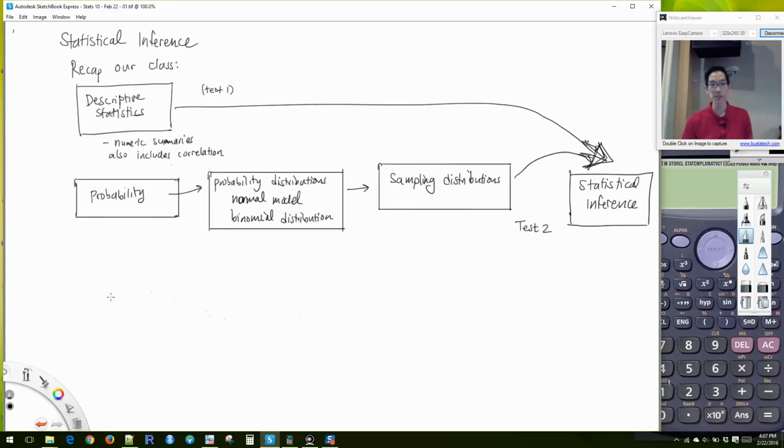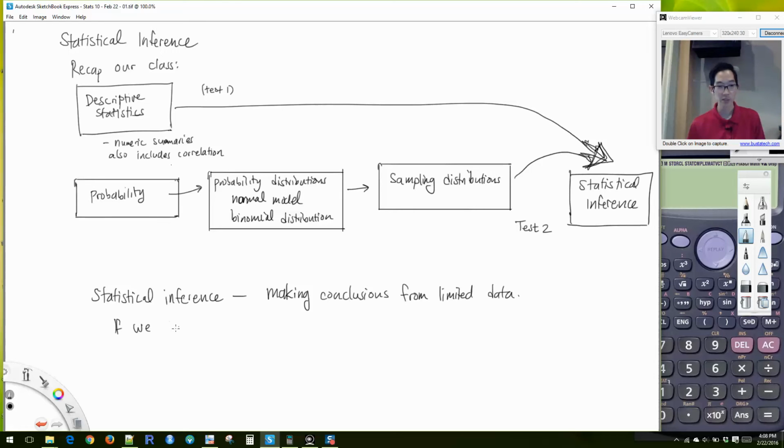Statistical inference, in short, is the idea of making conclusions from limited data. Essentially, if we see a sample, what can we say about the population from whence it came?